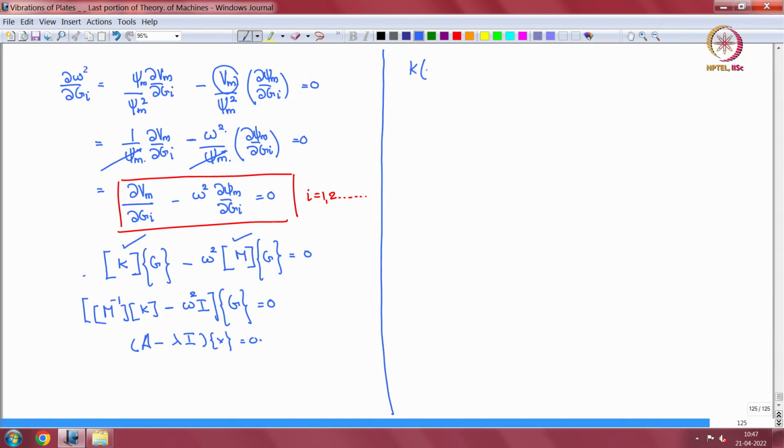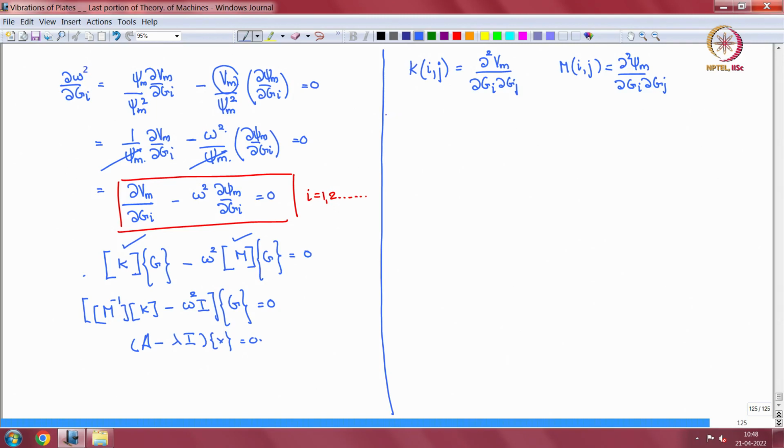The i comma jth element in the K matrix is given by del square Vm by del G i del G j, and M i comma j is given by del square psi m by del G i del G j. Okay, so let's work this.